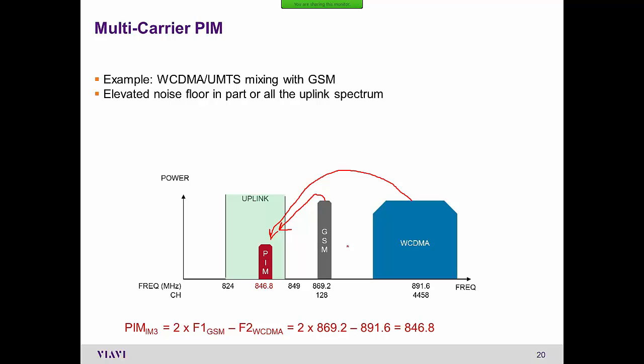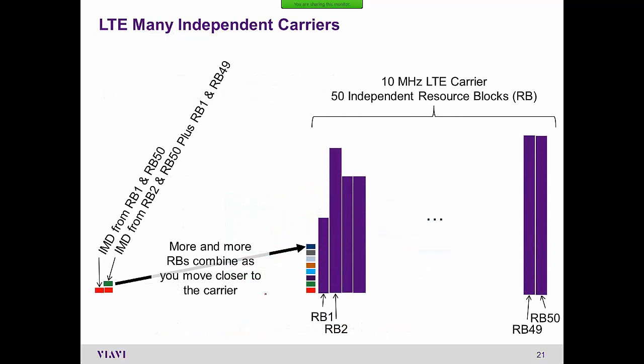So two distinct separate carriers, multi-carrier, combining to mix and creating a PIM artifact. And again, the distance between these carriers, D, is the same distance down that you would see the artifact at, right? Just that simple formula. All right, so that's multi-carrier.